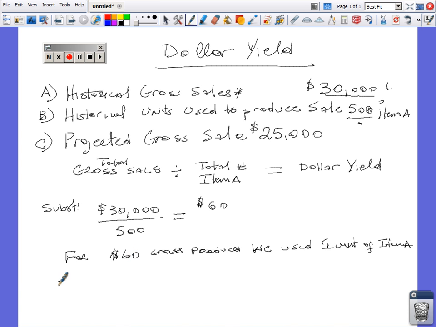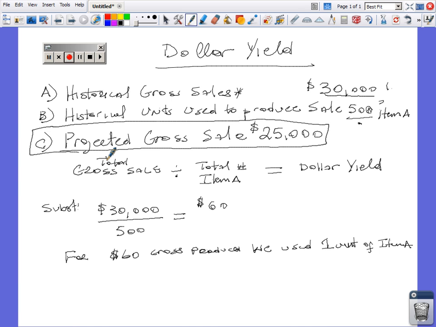Now, we have our projected sales of $25,000, and we need to know how many units of item A we would need to make $25,000.